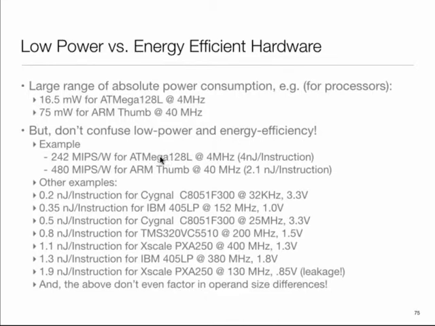So for example, if I look at the first processor, it is 4 nanojoule per instruction, with assumptions like it's a RISC processor, so 1 instruction per clock cycle, and so on and so forth. Or another way of saying it, it gives me 242 MIPS per watt, 242 million instructions per second per watt.